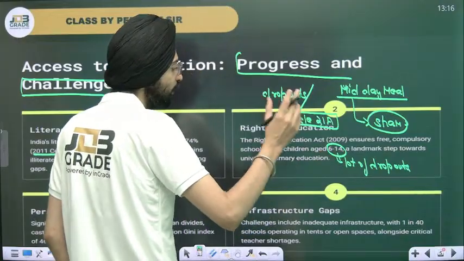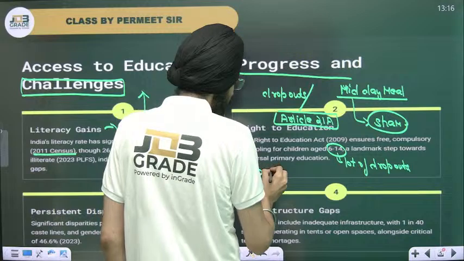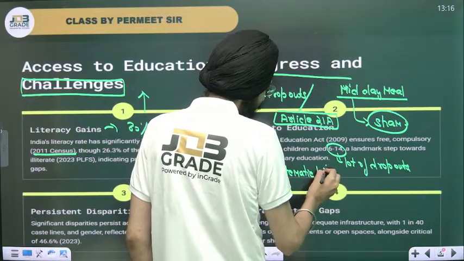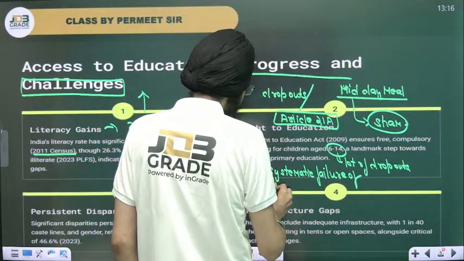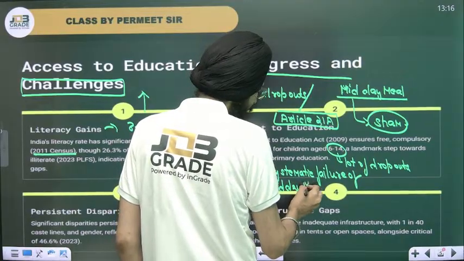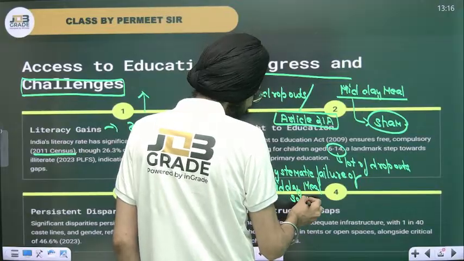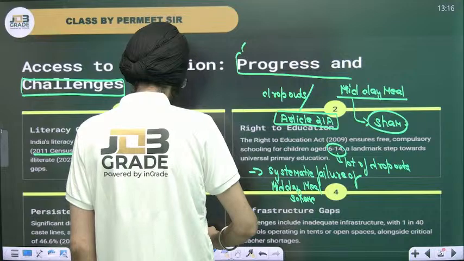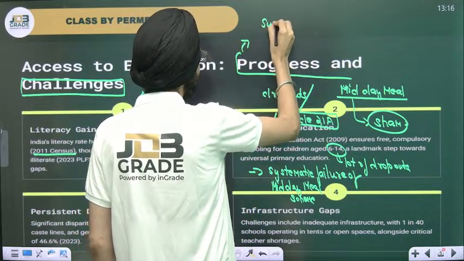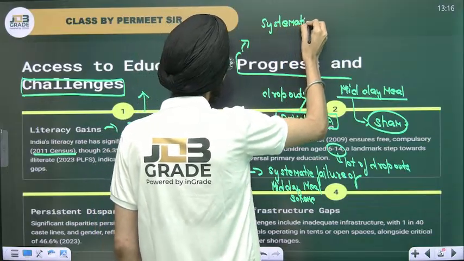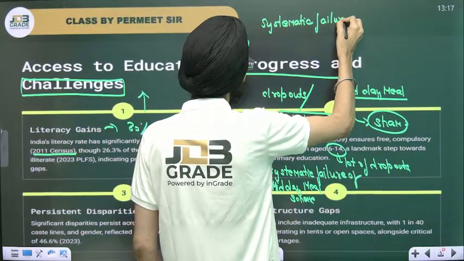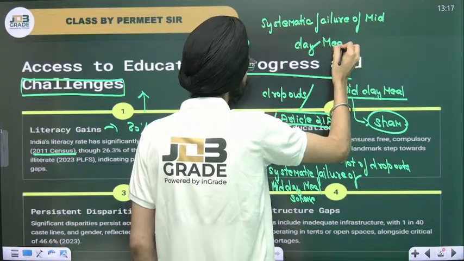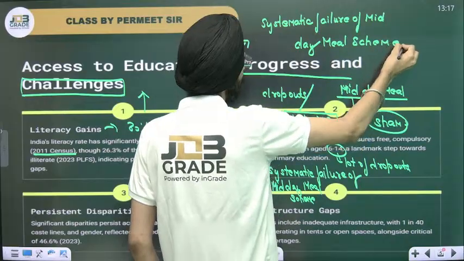That's why there are so many dropouts: the systematic failure of the midday meal scheme.